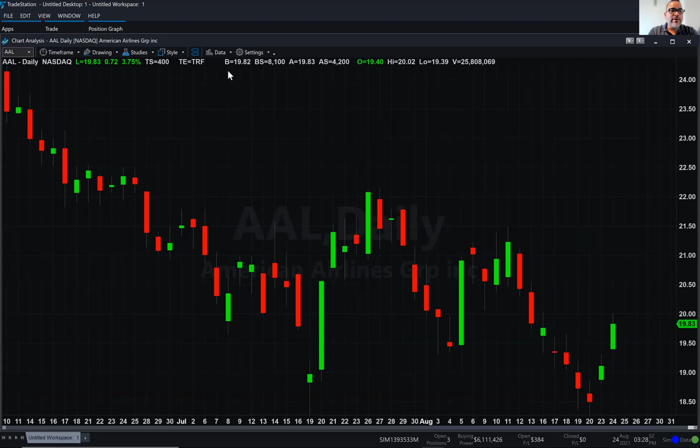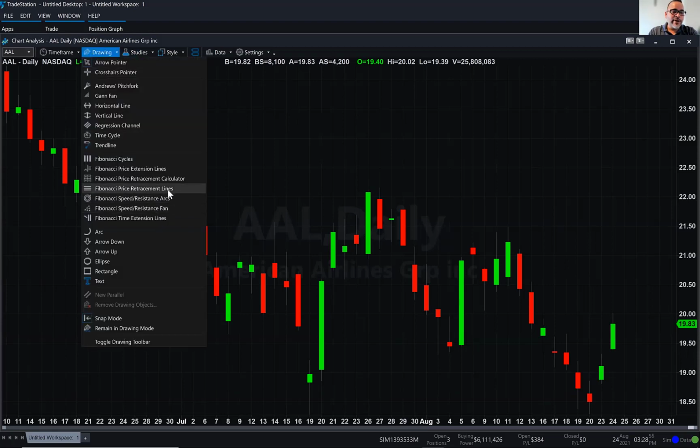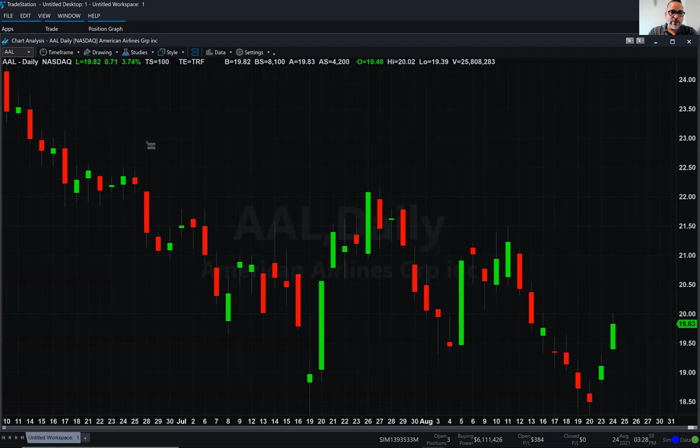So again, drawing Fibonacci retracement lines. I have snap mode selected, so I go from this bottom to this top, and there we go. The Fibonacci retracement lines are done. As you can see, when we measured here, the price retraced down to almost the 76.4%, not quite, it didn't reach it.